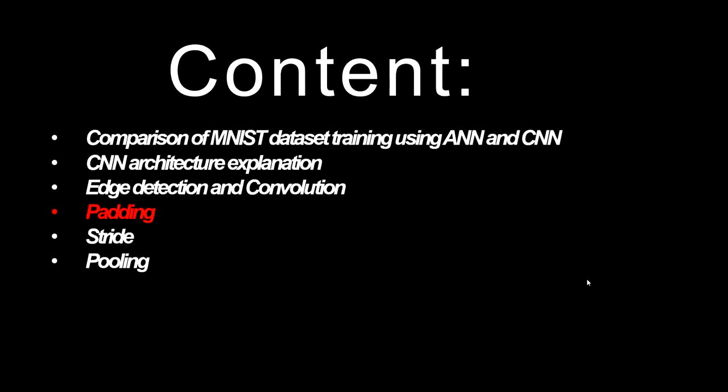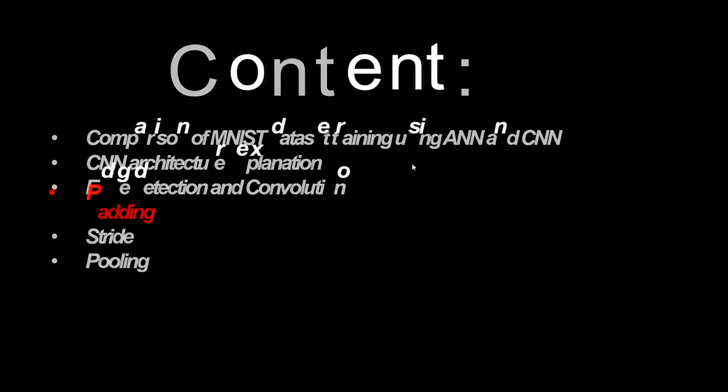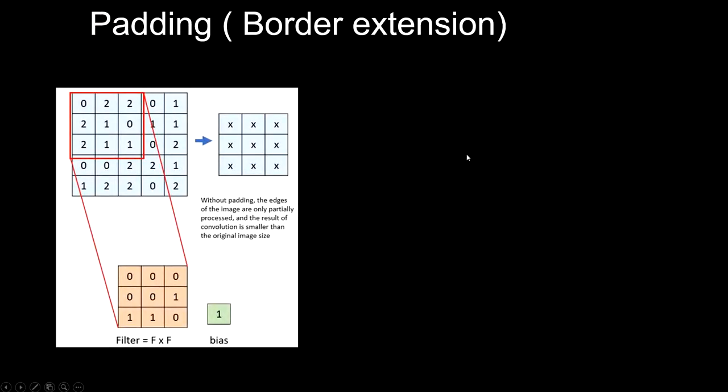The next part that you will learn is about padding. Padding is the concept in which you add a border, or we call it border extension. If you still remember from the previous convolutional process, if you apply a kernel to the input image, your dimension will be slightly reduced by a factor of input minus kernel plus 1.